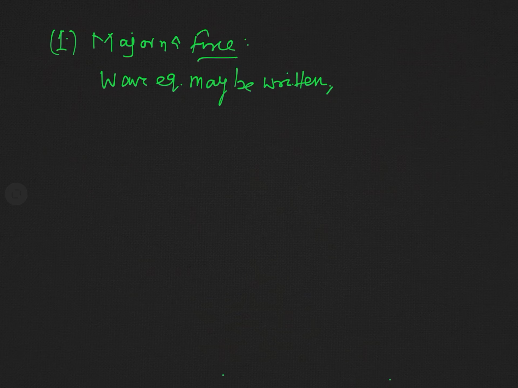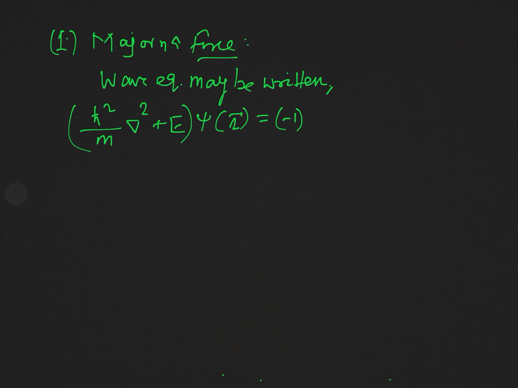We can write it as h cross square by m del square plus e, psi of r, equal to minus 1 to the power L, actually this is parity, v of r, psi of r.